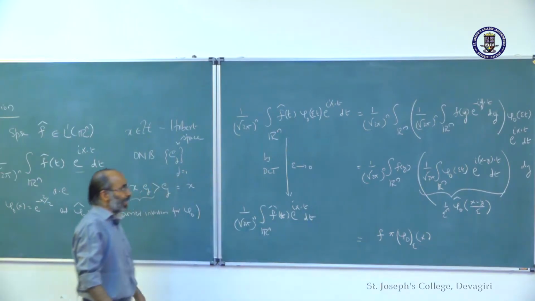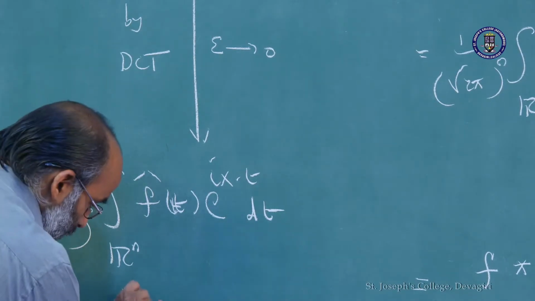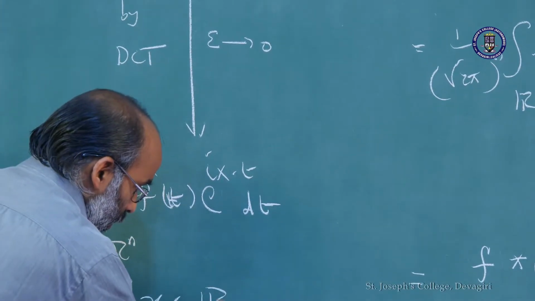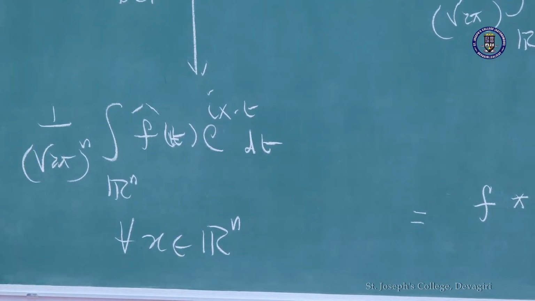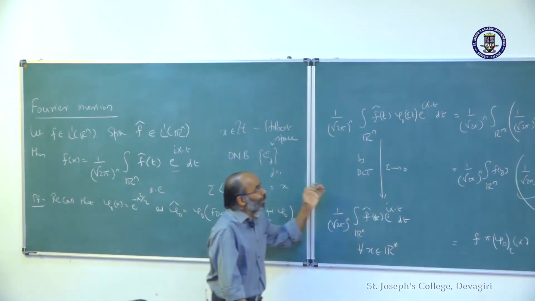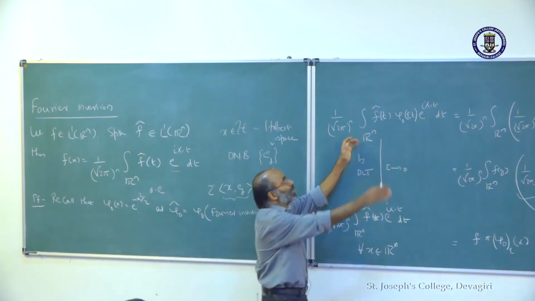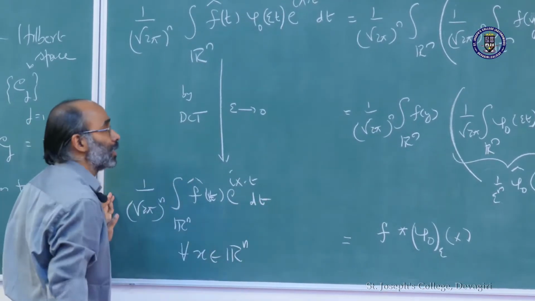That is the left hand side. This happens for every x, because e to the ixt still has modulus 1, so it does not change. So this converges pointwise for each x, this function of x as epsilon goes to 0 will converge to this function of x.